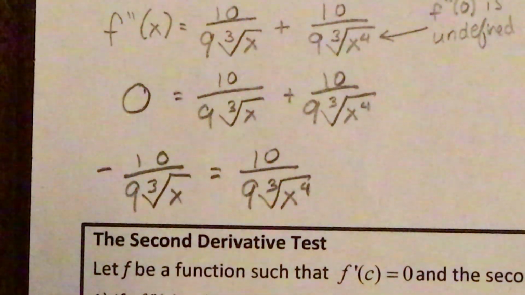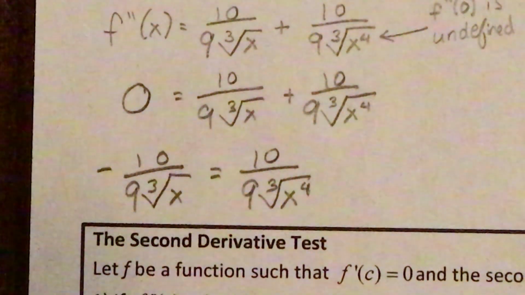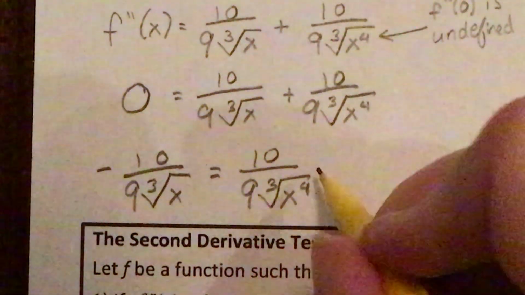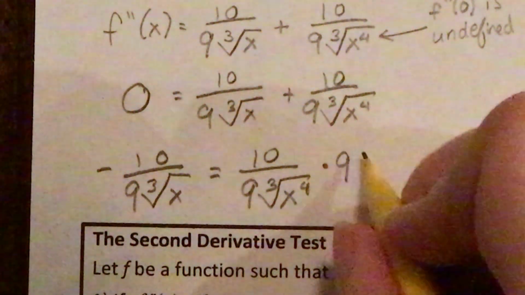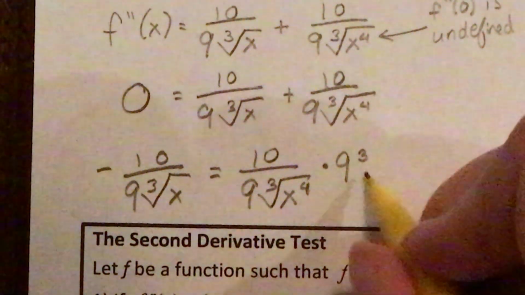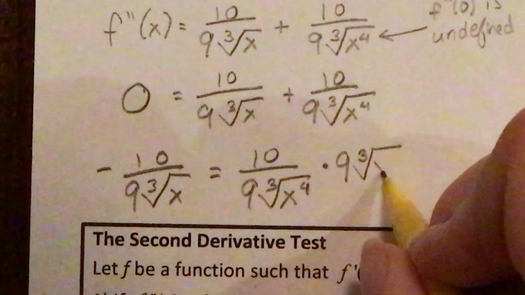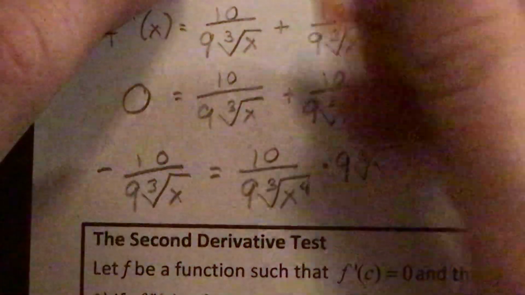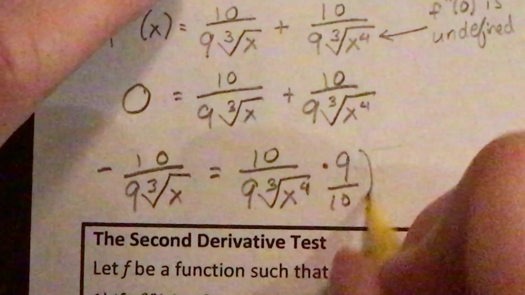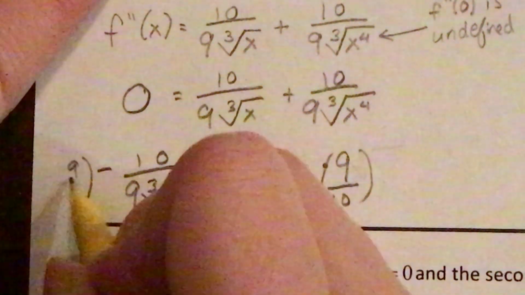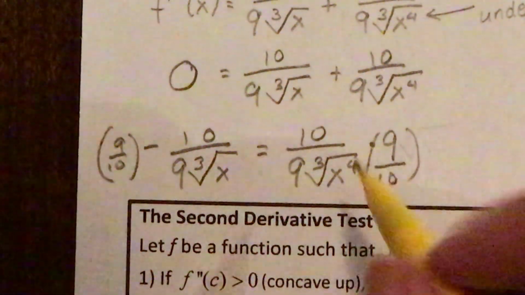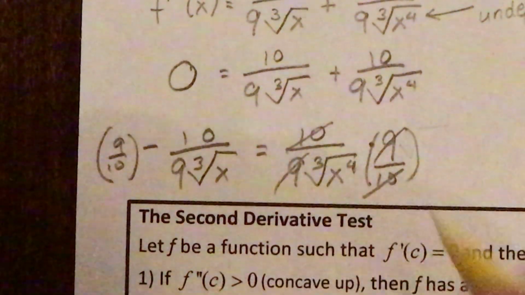Okay, now let's say that we want to get x by itself. Let's just multiply both sides by 9 over 10. What that's going to do is the 9s are going to cancel, the 10s are going to cancel.